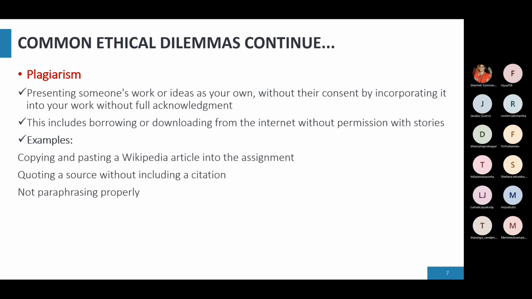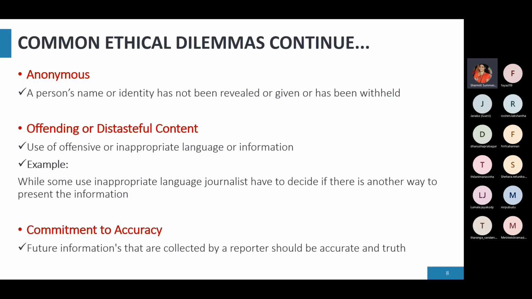The third one is anonymous. Normally it is common. I'm not sure regarding the Sinhala term, but in Tamil, for those who can understand Tamil, we call an anonymous letter a motta kadidam. In anonymous letters, without mentioning the name, address or any identity of the person, we send a letter to the institution or any workplace, complaining about the employer.